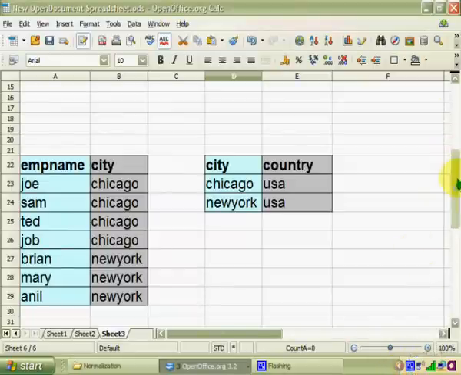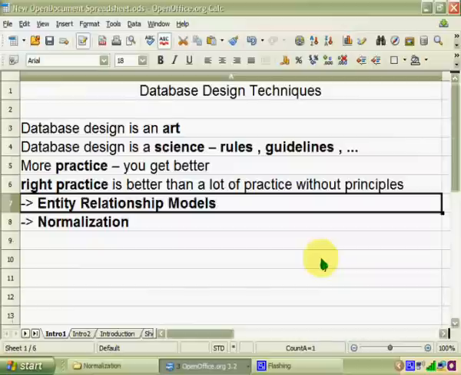So let's summarize all the normal forms. We said database design is an art and also a science, that with more practice we can get better, and right practice is better than a lot of practice without principles.